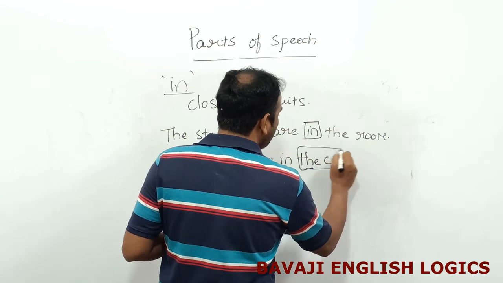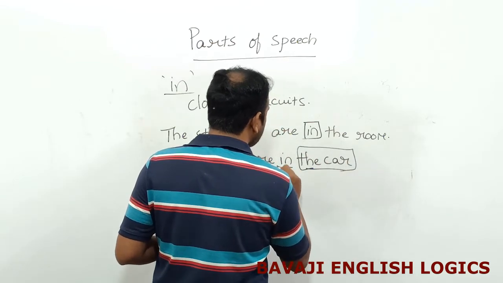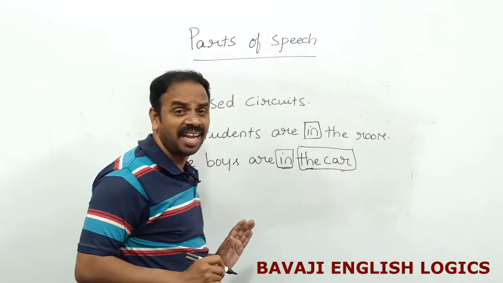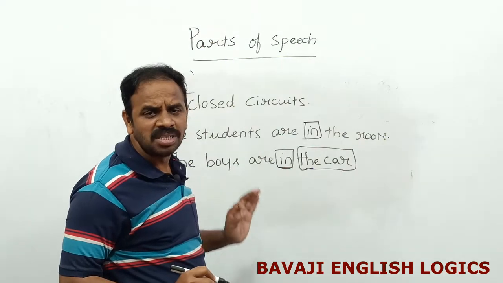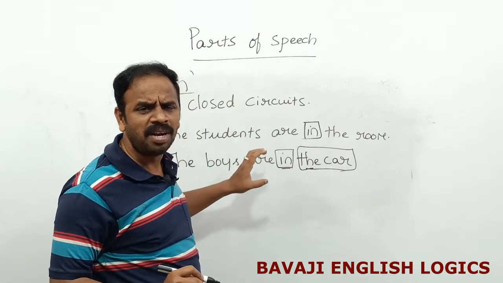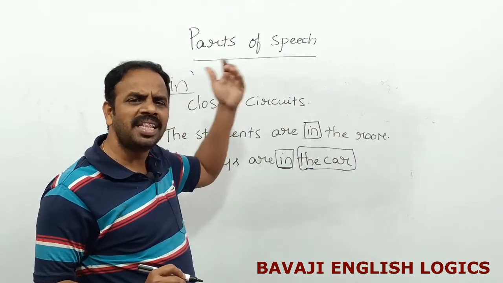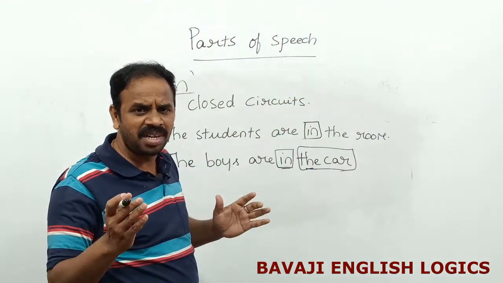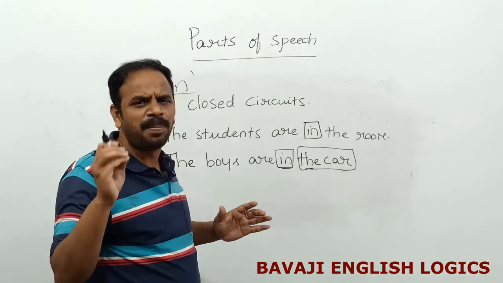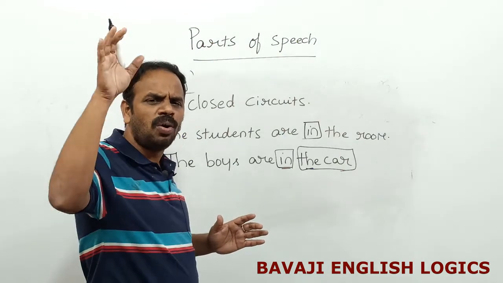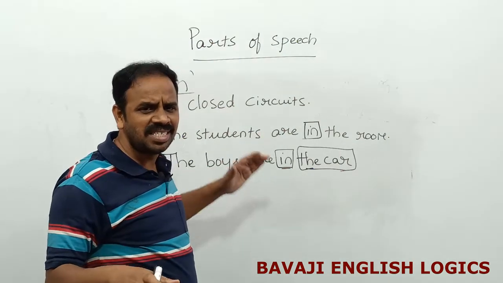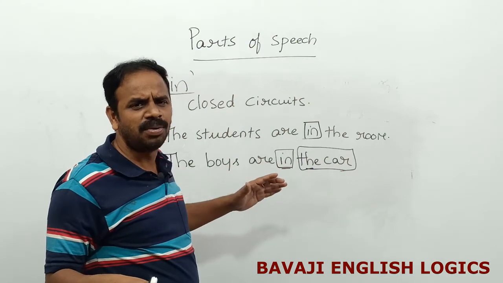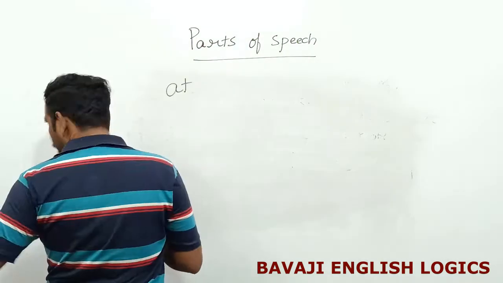Why are we using the preposition in here? Because a car is a closed circuit. So this is only one example. We can use in in many other cases. It is a vast chapter and I would like to give you a separate video for the usage of all the prepositions, and this is just a brief introduction about the prepositions.